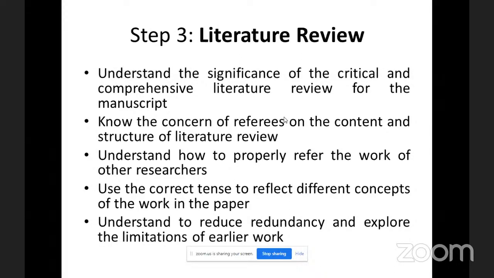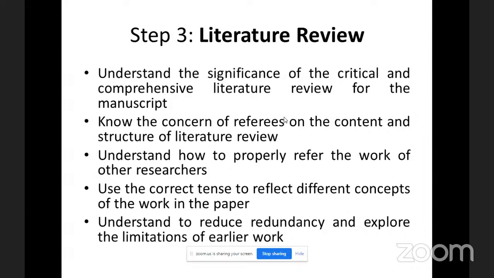A critical literature review is required for the particular manuscript. Whatever research problem you are selecting, the literature review should be based on that. Think from the point of view of a particular reviewer, how to properly refer to the work of other researchers. Whatever papers you are utilizing in your paper, properly refer to and review them.